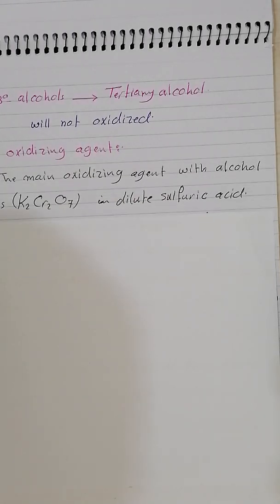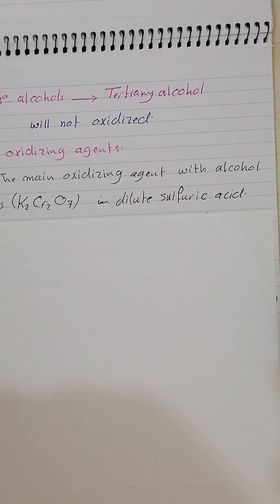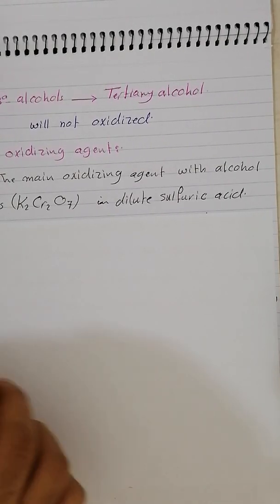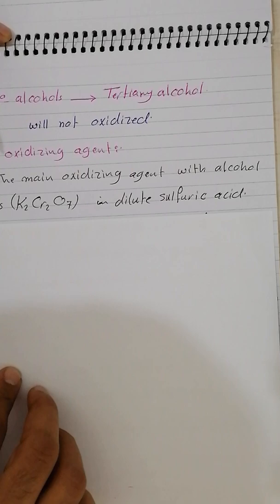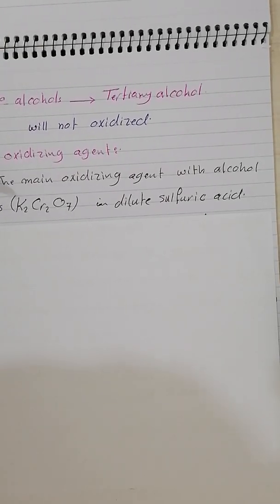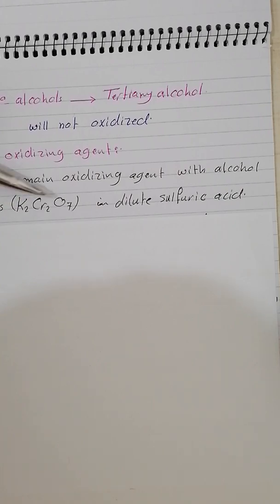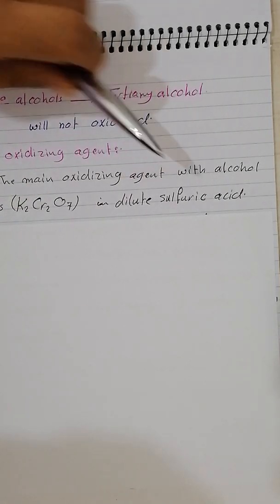Now, what about the oxidizing agent? Our main oxidizing agent in this syllabus is potassium dichromate, K2Cr2O7, and it should be in dilute sulfuric acid.